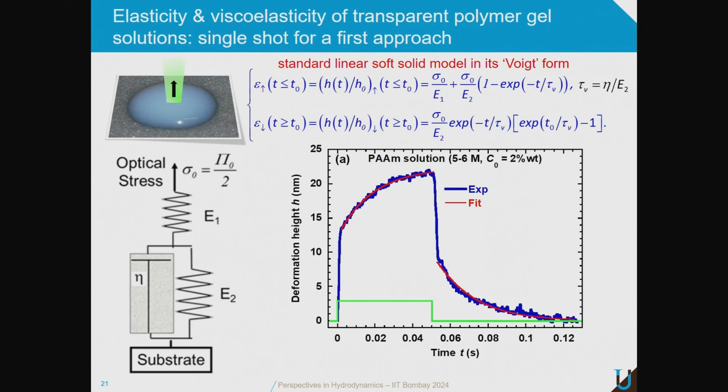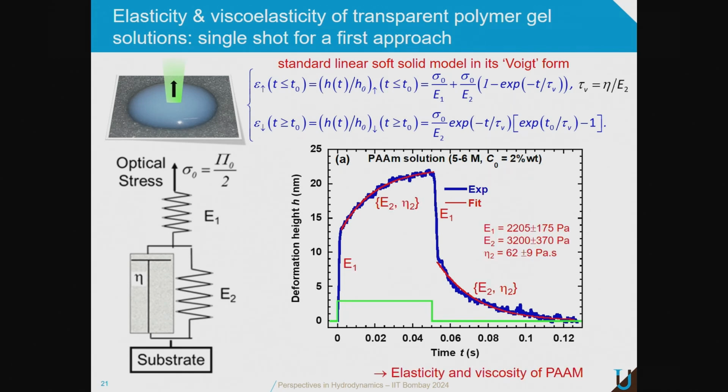So we take a standard linear soft solid, and by using this, we can measure the strain, and from this 1D equation, we can at least have an idea of the elasticity and the viscosities, which seems to be in agreement with published data.